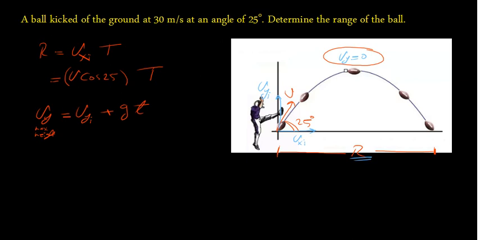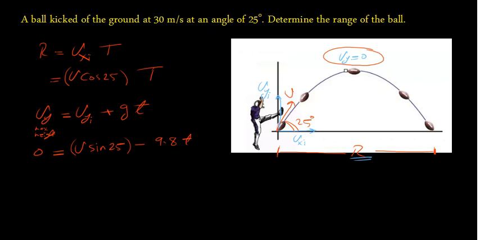We know this is 0. Now the Vy initial will be V sine 25 degrees, and here is minus 9.8 multiplied by the time to reach the maximum height.